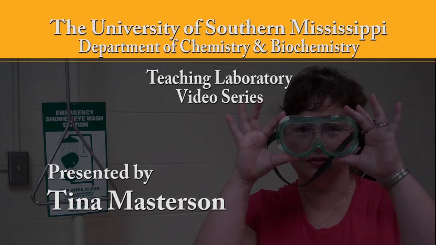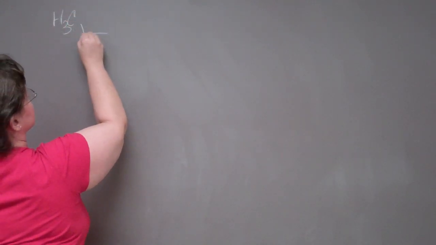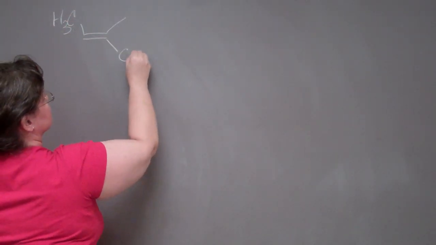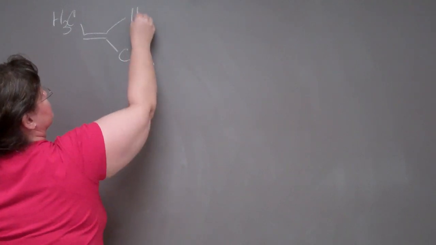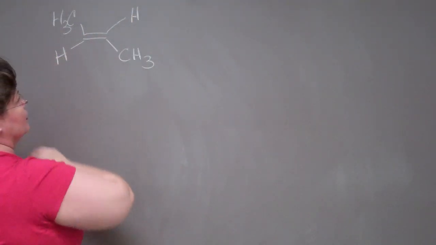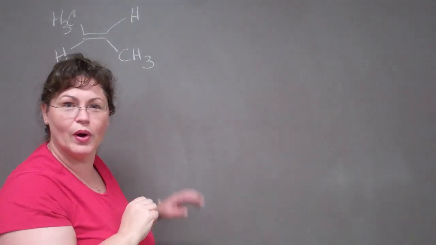Now let's apply this to an organic problem. So let's calculate the percent yield of a bromination reaction. You'll learn later bromination requires a double bond.